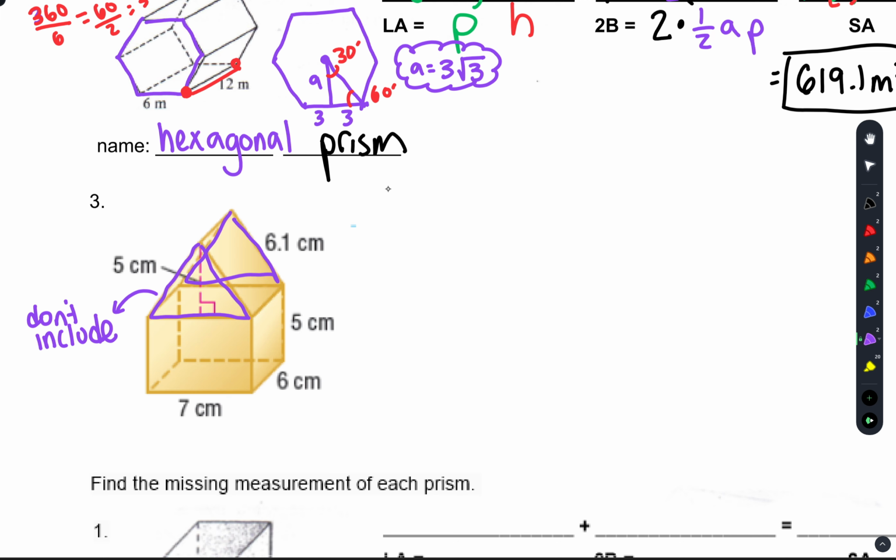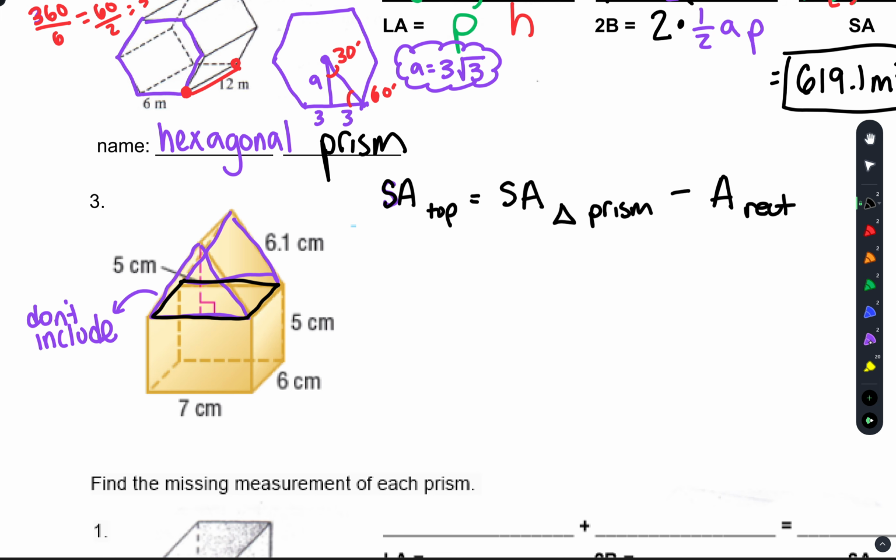So the surface area of the top shape is the surface area of my triangular prism, but I don't want this base. Not a base. I don't want that lateral face. So I'm going to subtract the area of that rectangle.